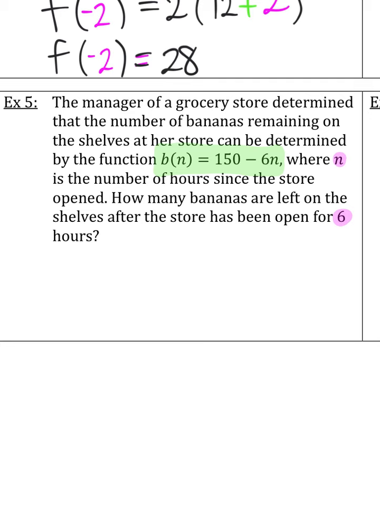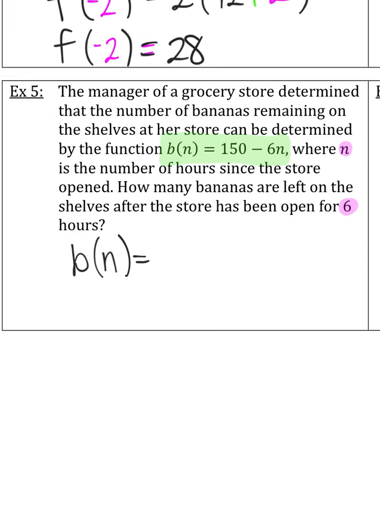Remember, we do that at the very beginning of our evaluation. B of n is equal to 150 minus 6n. Now we know that we're going to substitute n for the number 6 because 6 is how many hours the store is open.